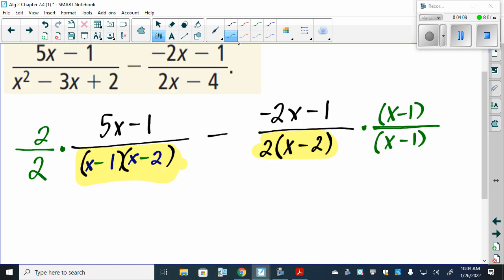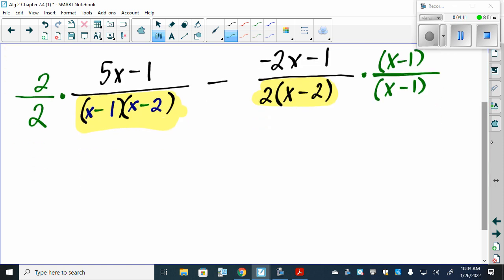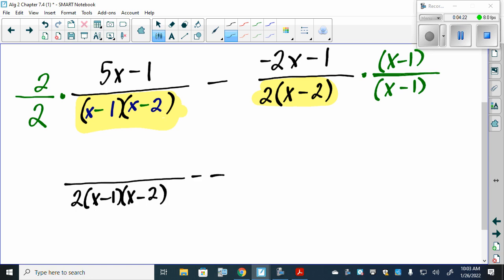Now the denominators we're not going to actually multiply through, because here we're just going to say 2 times x minus 1 times x minus 2. The other one we're going to say is 2 times x minus 1 times x minus 2. The order in which we write these isn't too overly important.